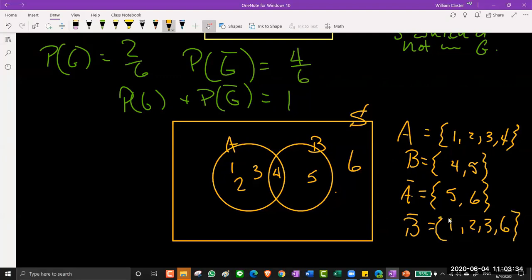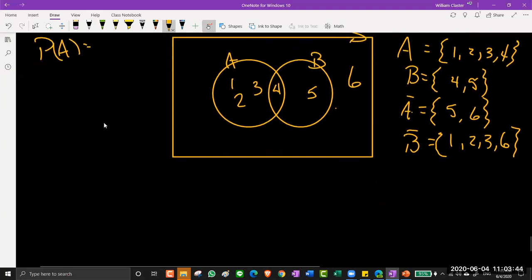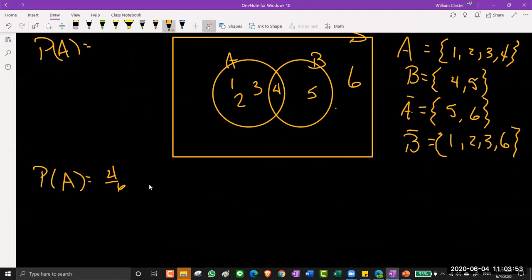So what's the probability of A? 4 out of 6. And what's the probability of A complement? 2 out of 6.